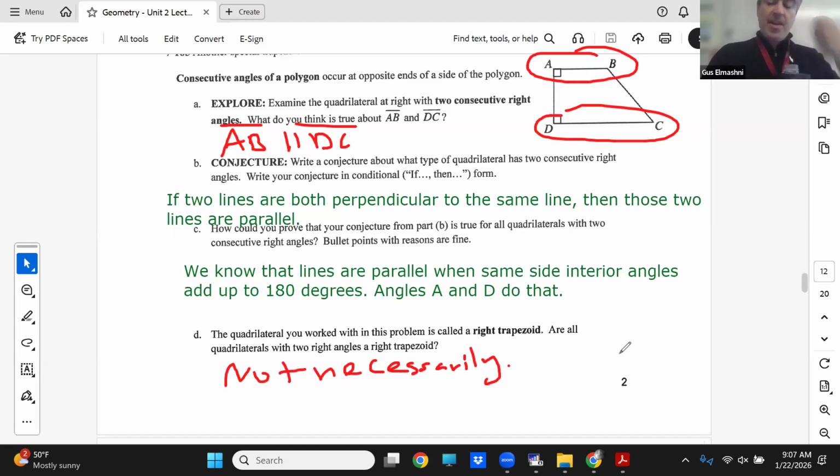Because you could have a rectangle, which has at least two. Actually, a kite would that make sense? Yeah, no, a kite. That's a good example. Wait, no, is that true?